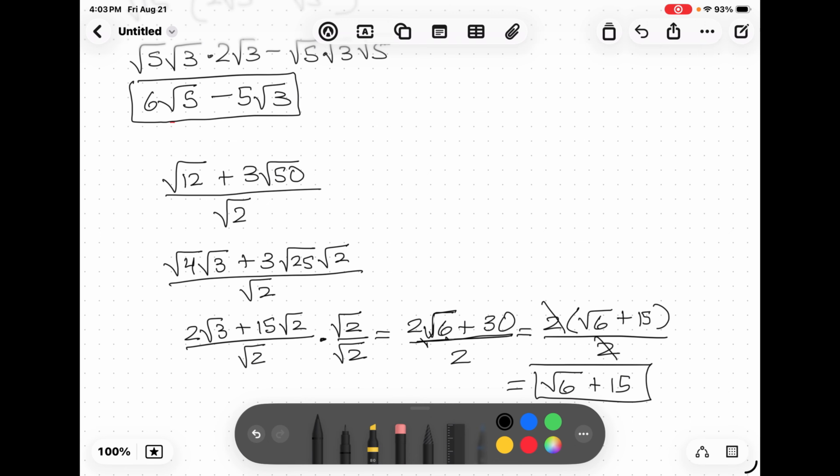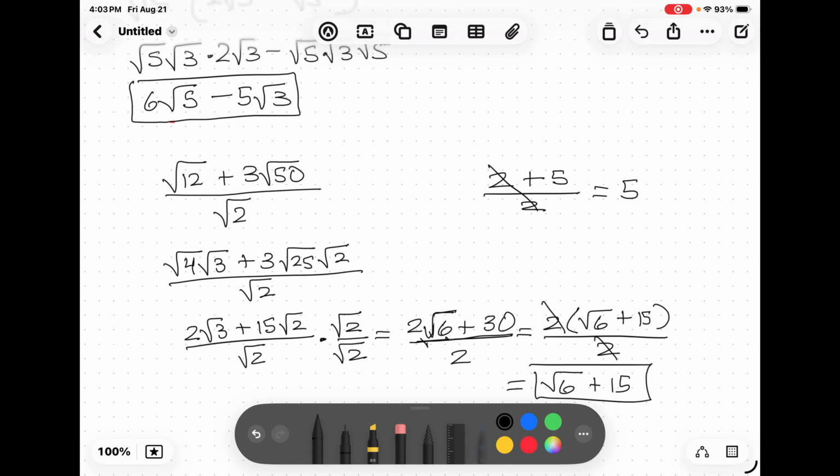And if you're ever in doubt, sometimes it just helps to think about a simple case. If I want to know 2 plus 5 over 2, if I think, can I cancel those 2's? And then what would I say that equals? Does that equal 5? Or does that equal 5 plus 1?